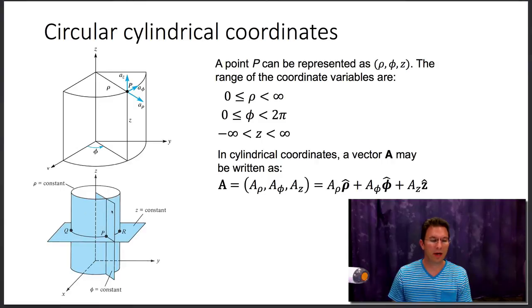This surface right here, this vertical surface, is the phi equals some constant. Say phi equals pi over 4, for instance. Any point on this surface here corresponds to phi equals pi over 4. And then we also have a z equals constant surface, which is parallel to the xy plane, just like in Cartesian coordinates.